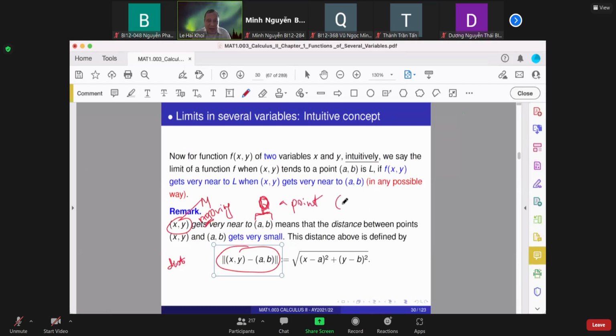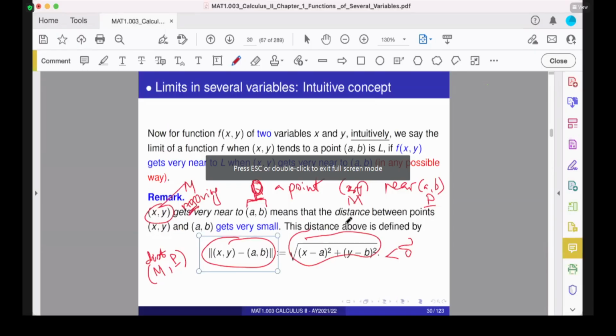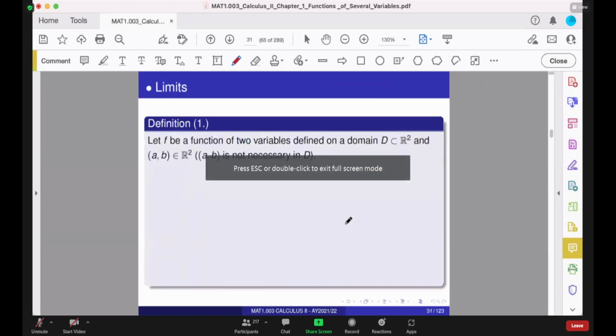Then (x,y) is near (a,b): we can understand that as M being near a fixed point P. That is, this is the distance from M to P. You can compute it like that. If this distance is less than delta, then the image is within epsilon. So that's why we have a definition.